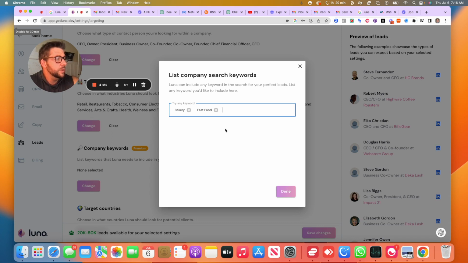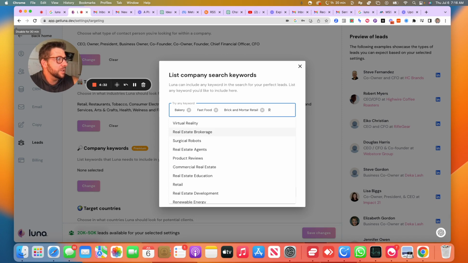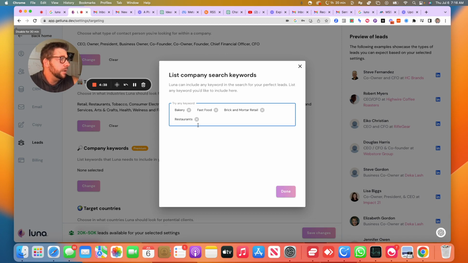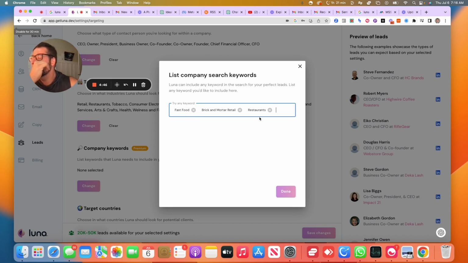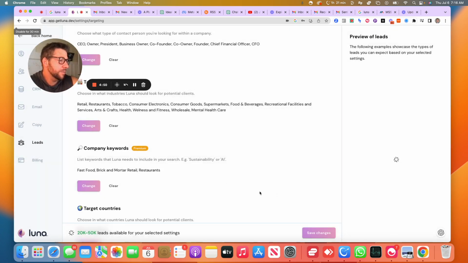Fast food, retail. Yeah, brick and mortar retail. Restaurant. Okay, I would honestly go with let's kill this. Fast food. What else? I'd say brick and mortar retail and fast food. Let's see how many options this gives us, how much it narrows it.